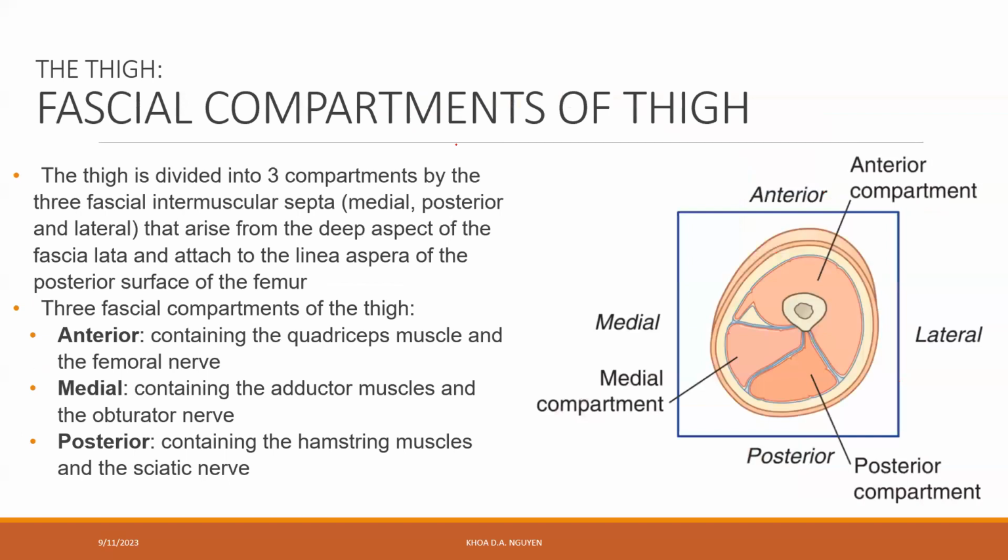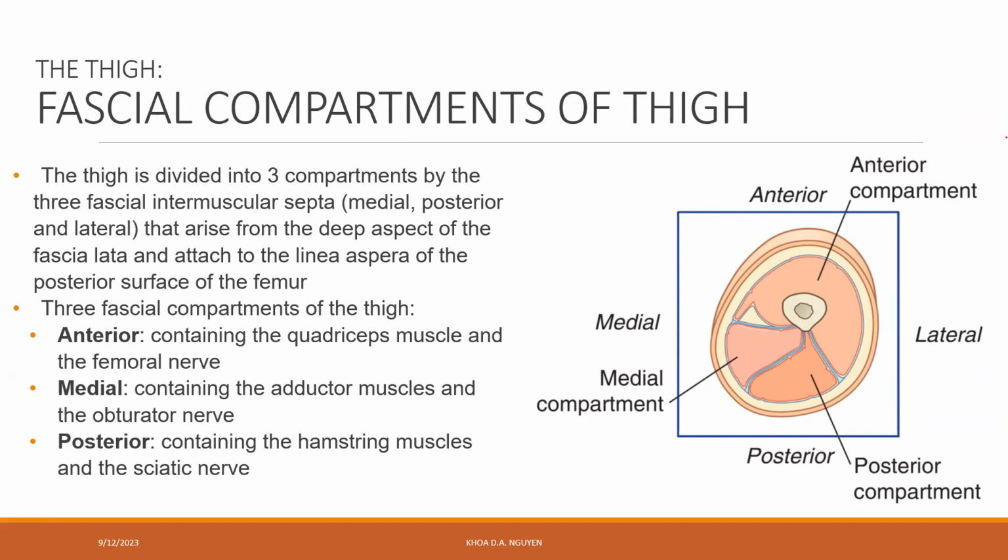All right. Now let us go over the fascial compartments of the thigh. These compartments are extremely important for you to know. Why is that? Because if you remember these compartments as well as what muscles are within each one, you will remember not only their function, but also their nerve supply.